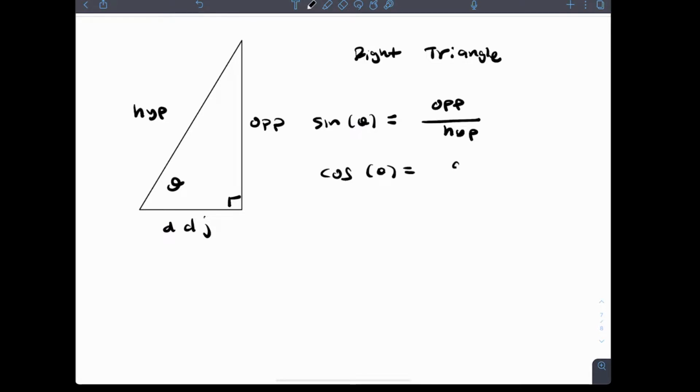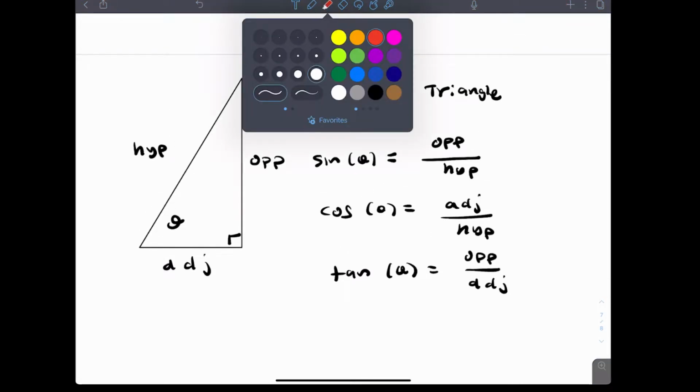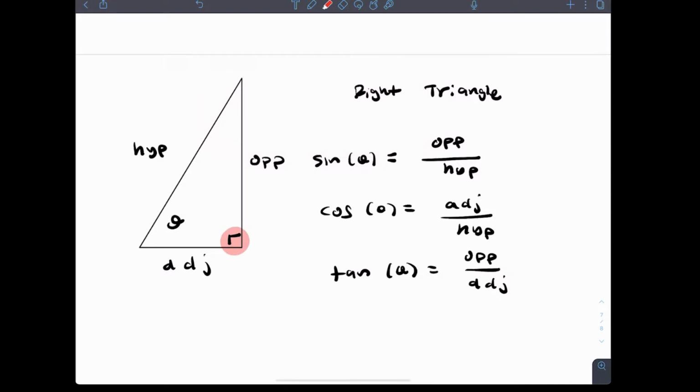Cosine is adjacent over hypotenuse. Tangent was opposite over adjacent, okay? And like I said, this only applies if you have a right triangle with a 90-degree angle there.